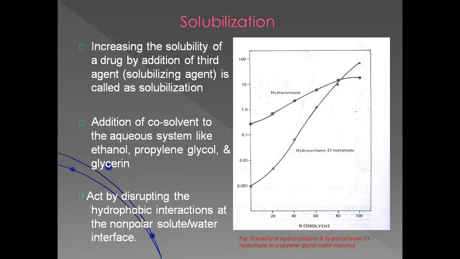by this figure. That is for hydrocortisone and hydrocortisone 21-heptanoate. The lipophilic ester is solubilized to a greater extent by addition of propylene glycol than the more polar parent compound.